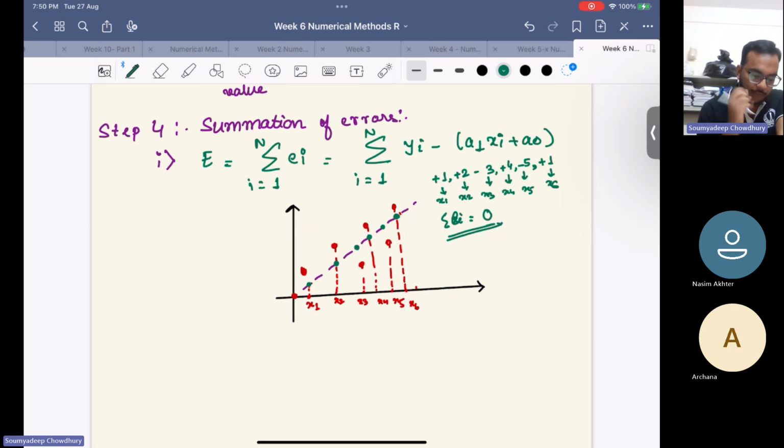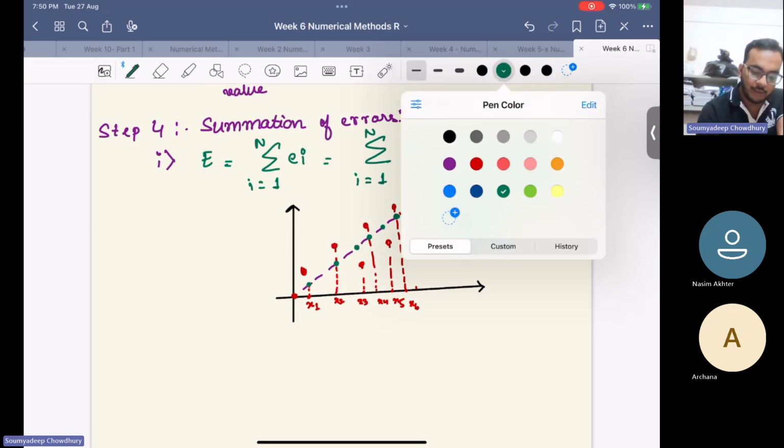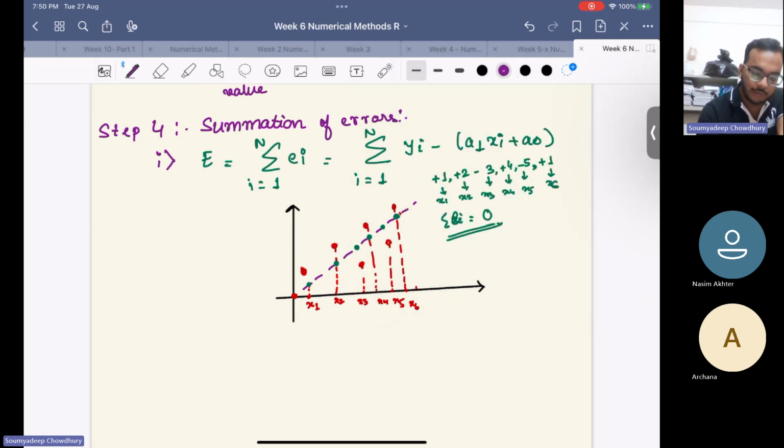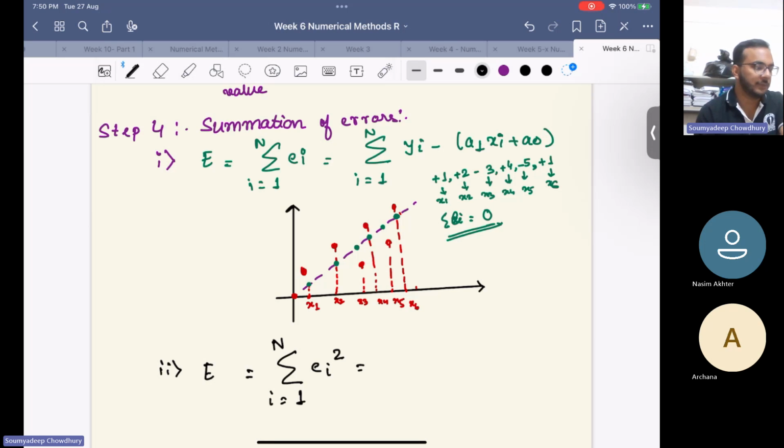So if we modify the description of this error, E is given by the summation of the squares, of yi minus a1 xi.